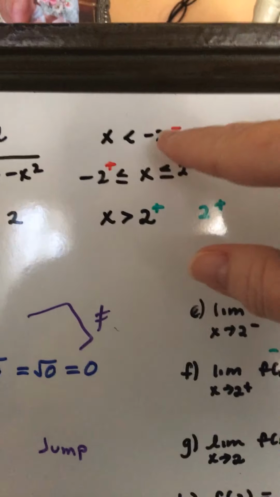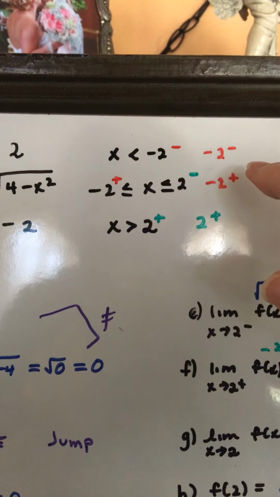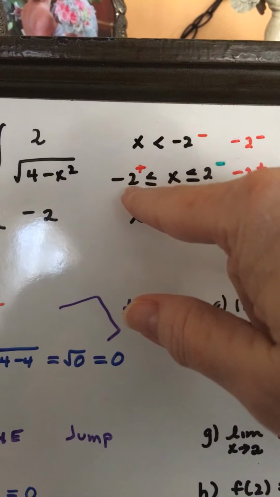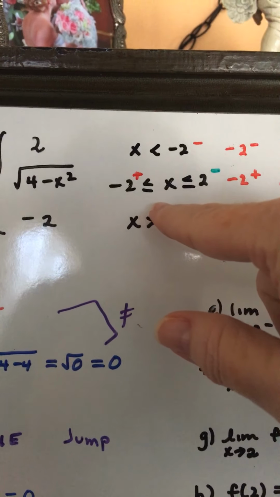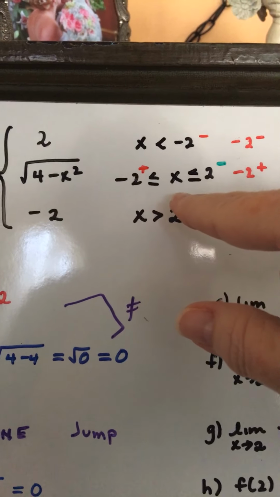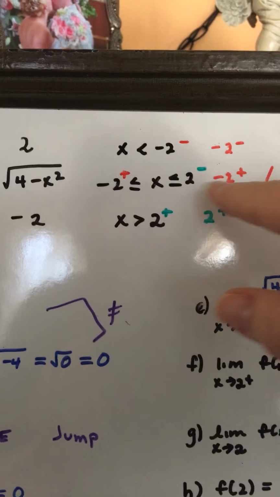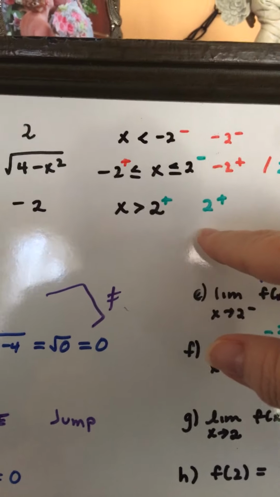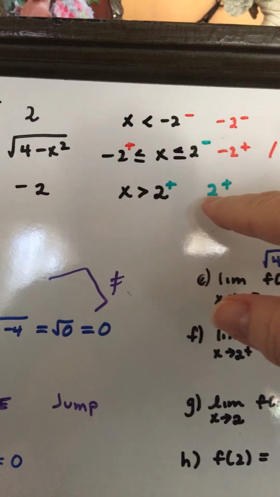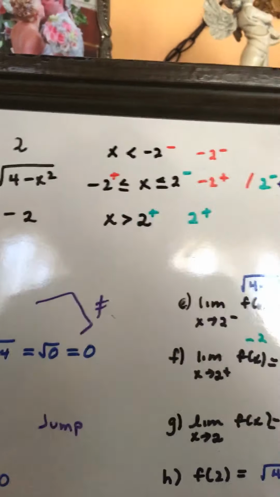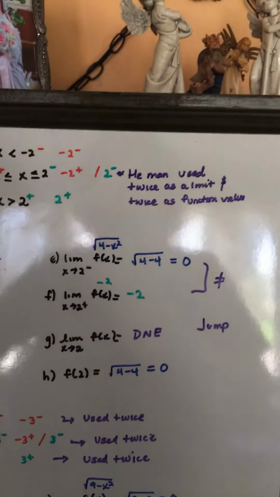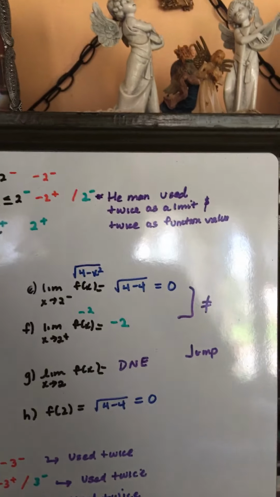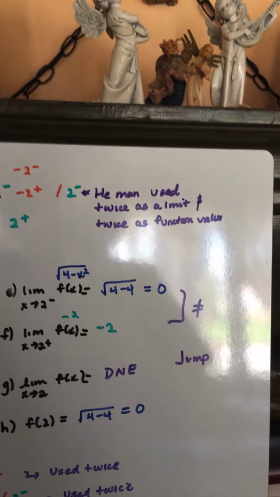So notice this says -2 from the left, and here's -2 from the right. That will be our ABCD problem. This one also plays twice, says 2 from the left, and the third one will be 2 from the right. Note this middle section is going to be a heavy lifter because it's going to be used twice as a limit.